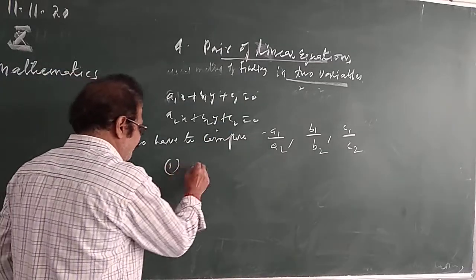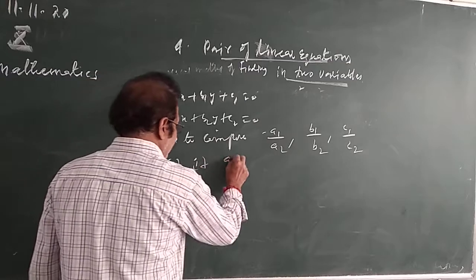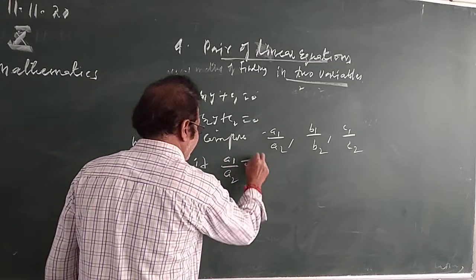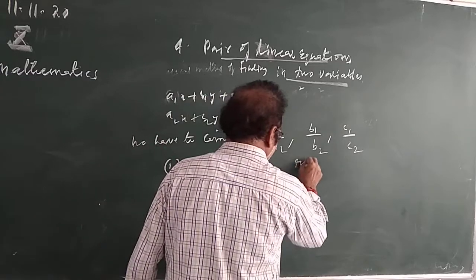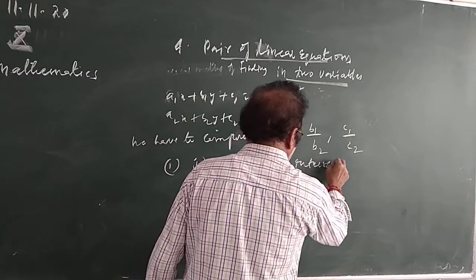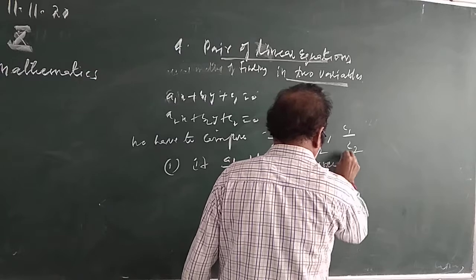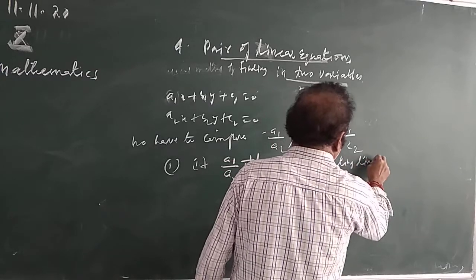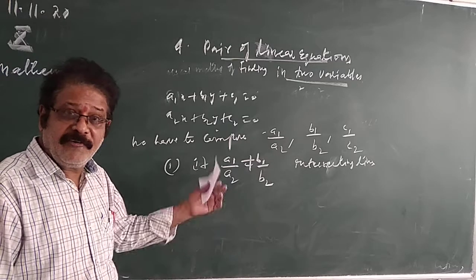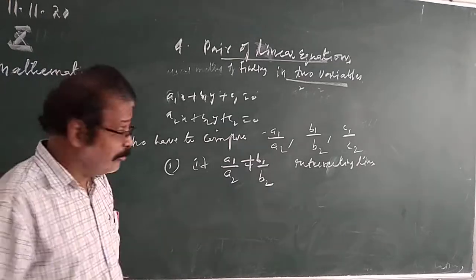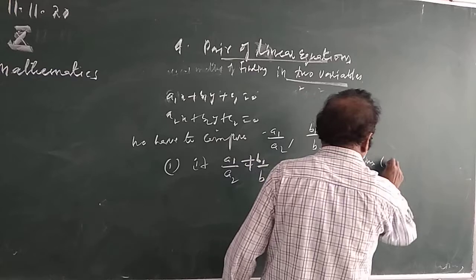So the condition: if a1 by a2 is not equal to b1 by b2, they are intersecting lines algebraically. The ratios of a1, a2 and b1, b2 are not equal. Then they are intersecting lines with a unique solution.